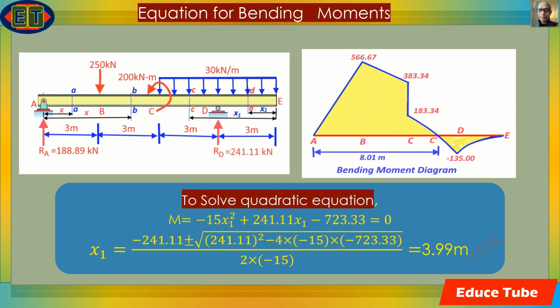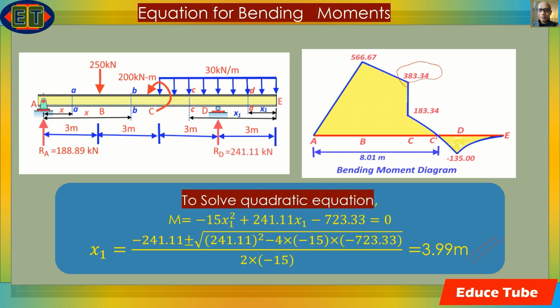So here what we got actually is the explanation of this bending moment diagram. It linearly increases from 0 to 566.67 at B. It then decreases linearly to 383.34.